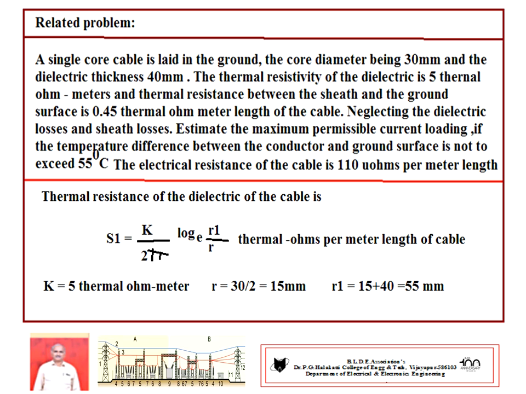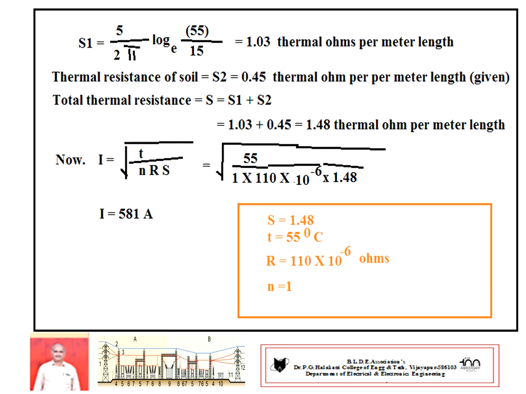Then r1: from the center point, the radius is 15 mm and the thickness of insulation is 40 mm, so it becomes 55 mm. Then you calculate S1, and you get around 1.03 thermal ohms per meter length.